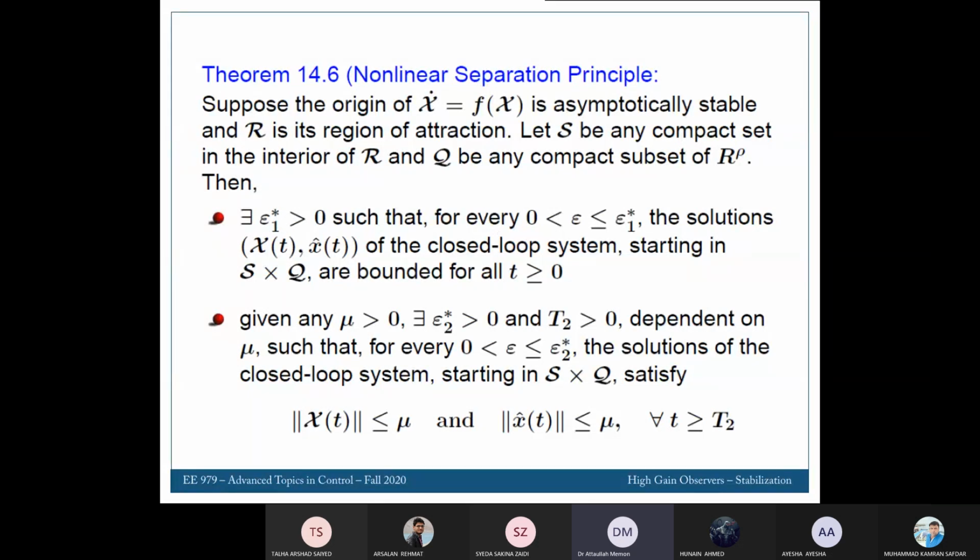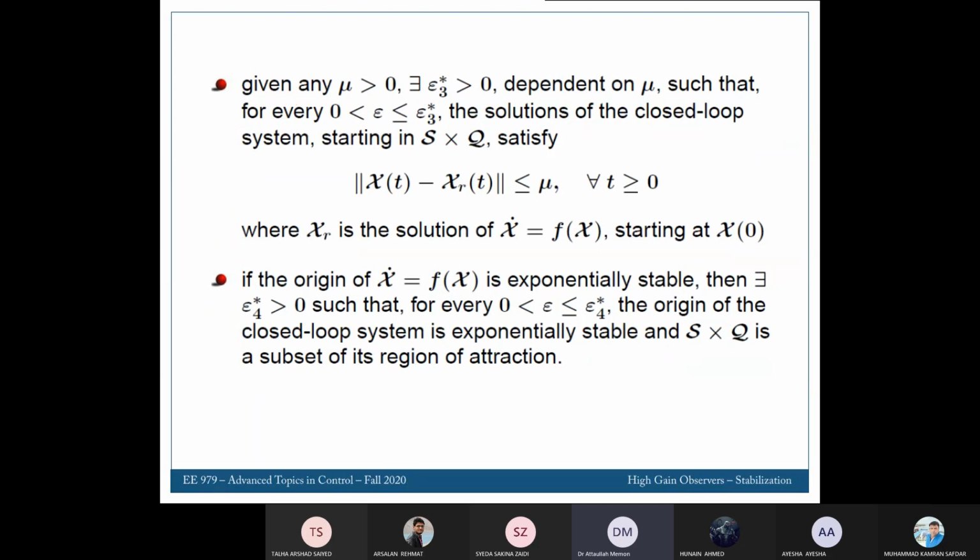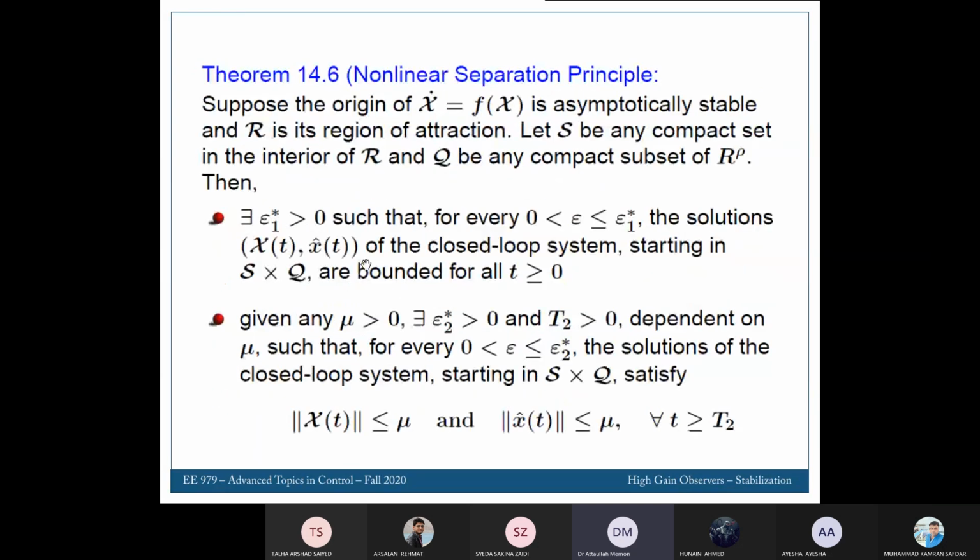That epsilon is actually this particular parameter we are talking about. Then there exists an epsilon so that the solutions of the new system with an observer starting in that region of attraction we are talking about will be bounded.